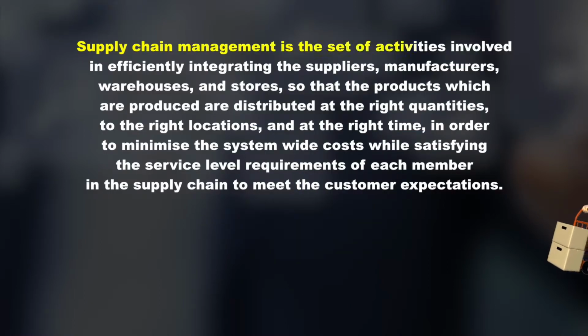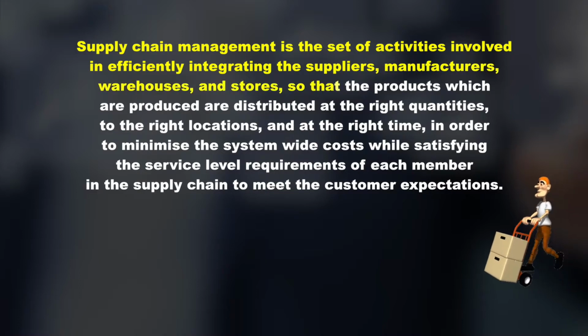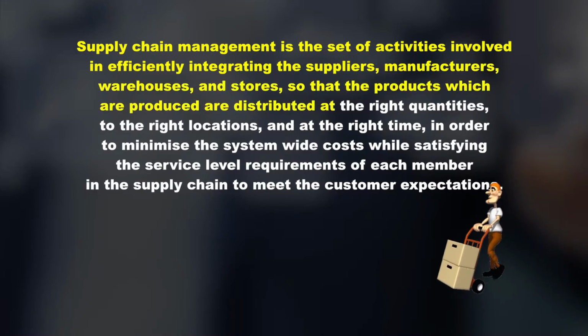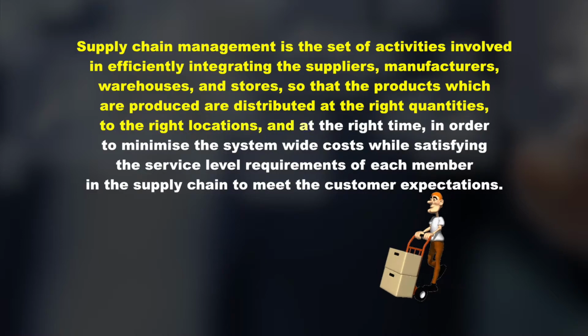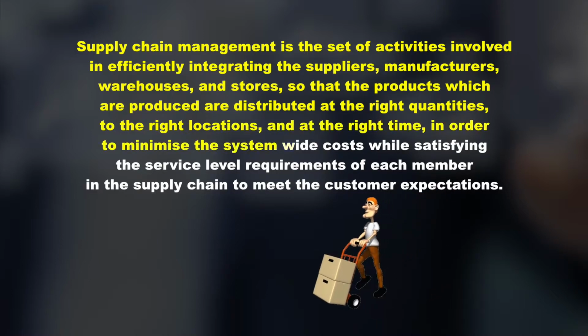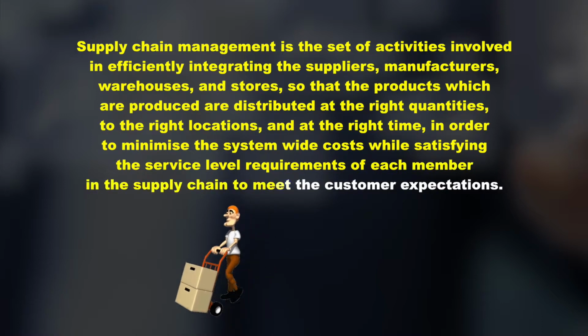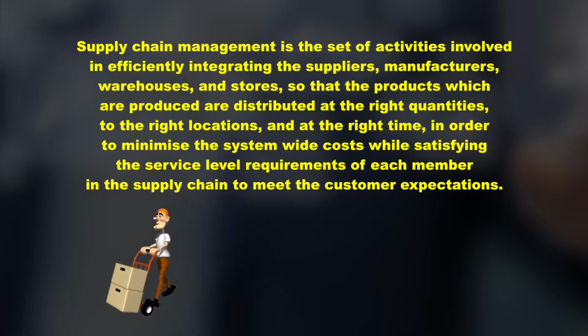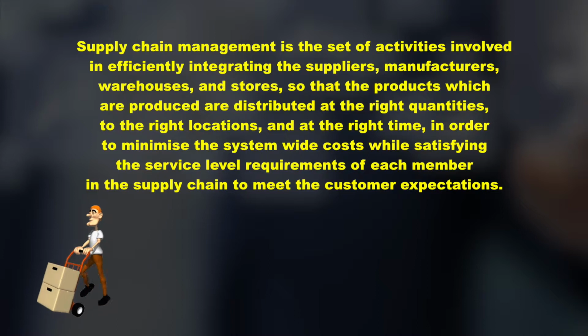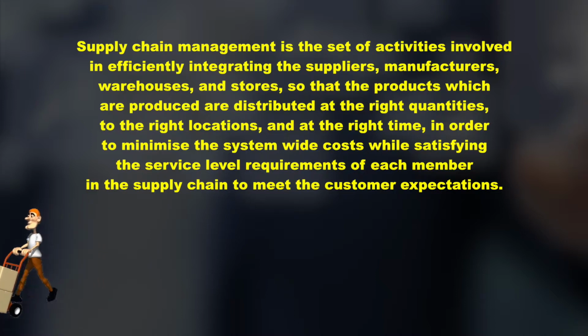Supply chain management is the set of activities involved in efficiently integrating the suppliers, manufacturers, warehouses, and stores so that the products which are produced are distributed at the right quantities to the right location and at the right time in order to minimize the system-wide cost while satisfying the service level requirements of each member in the supply chain to meet the customer expectations.